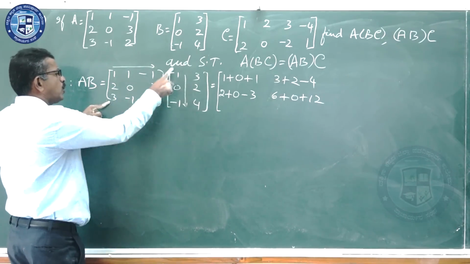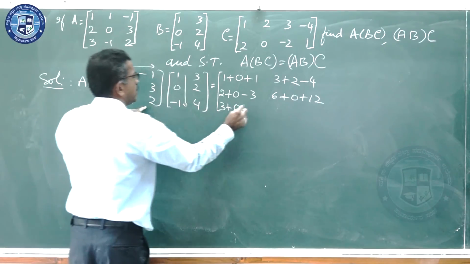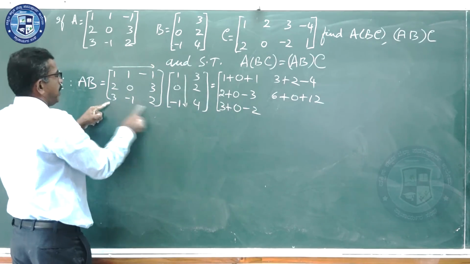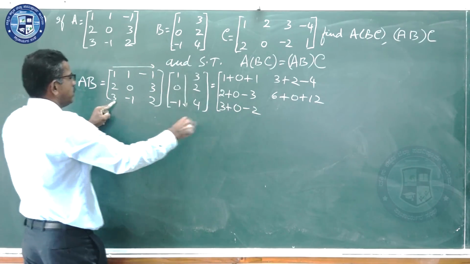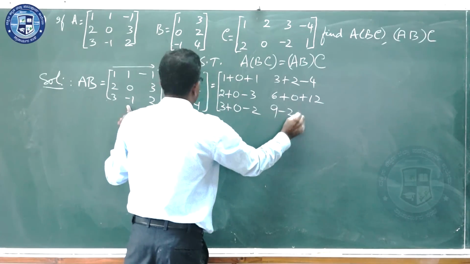Next, third row with the first column: 3 plus 0 minus 2. Third row with the second column: 9 minus 2 plus 8.